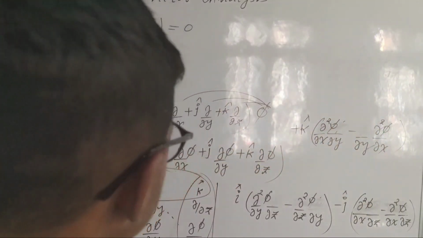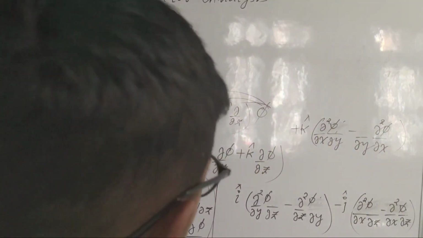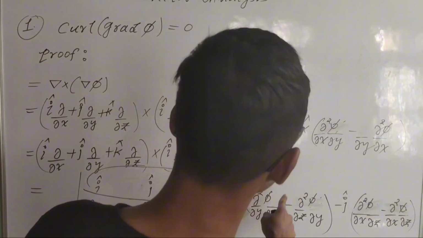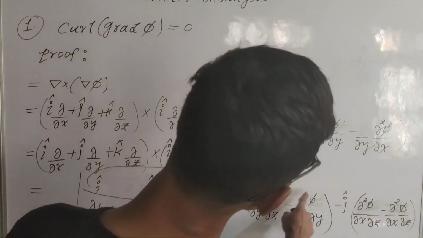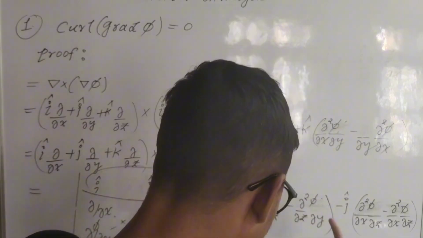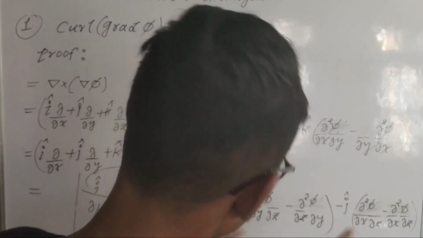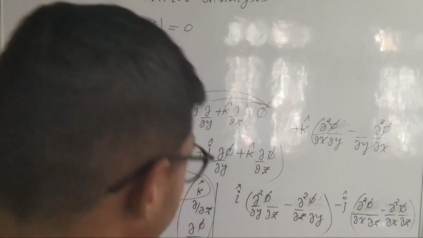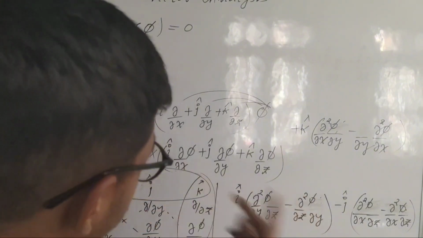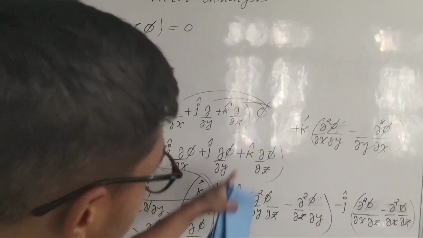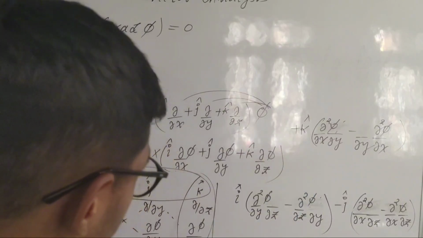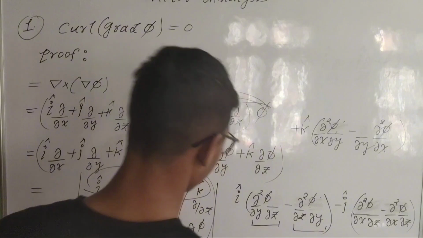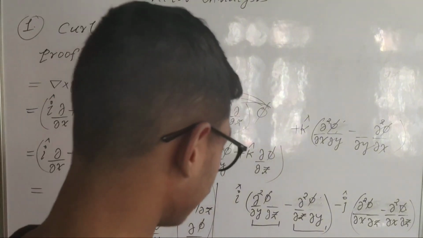So we are at the end of the proof, and here this is del to phi by del y del z, and this is also del to phi by del z del y. They are analogous, del y into del z and del z into del y are the same, just like 2 into 3 and 3 into 2. So the subtraction of the same quantity is always equal to 0 in ordinary algebra.